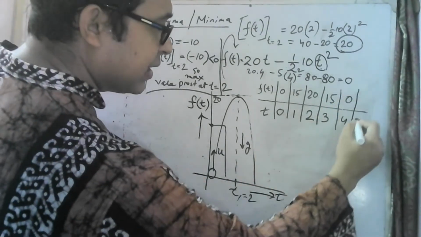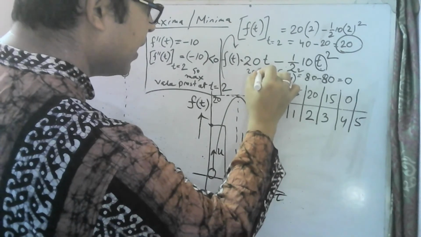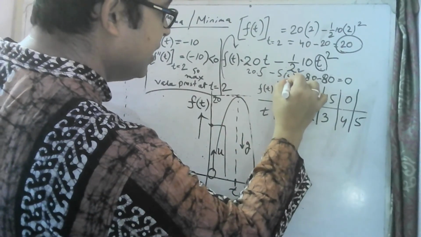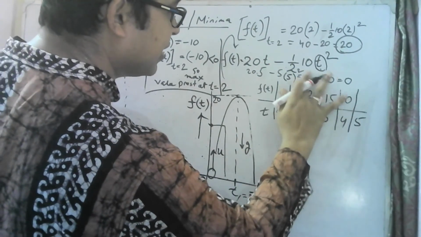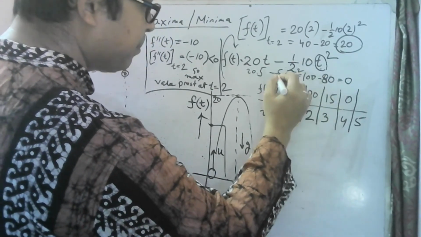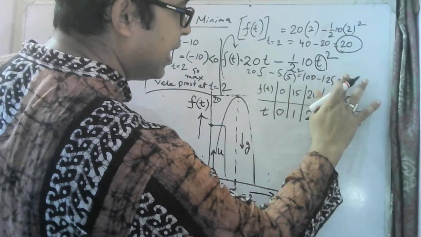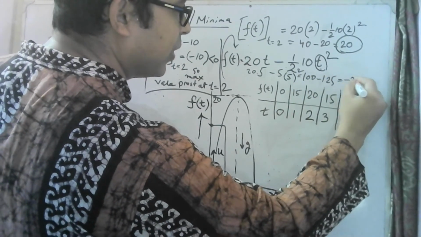You can find at t equal to 5 also. t equal to 5 will be how much? 5 into 20 means this will be 100, and 5 multiplied by 5, 25 multiplied by 5, 125. So your value comes out as negative 25.